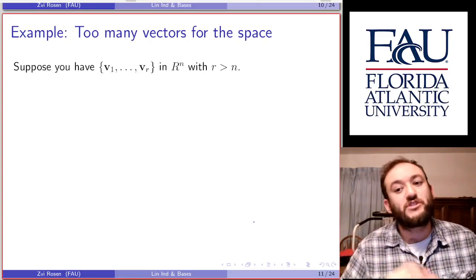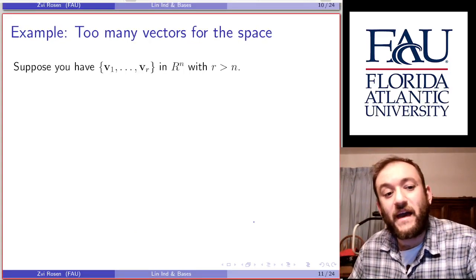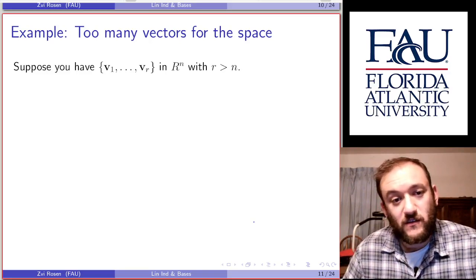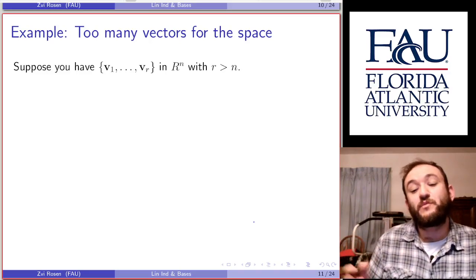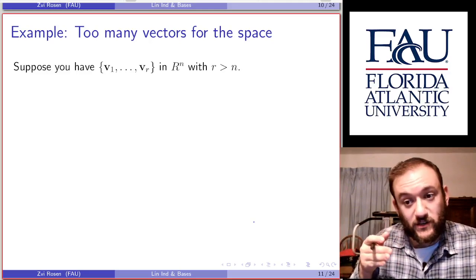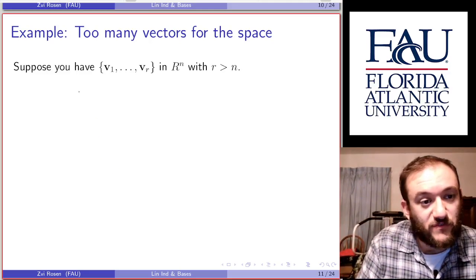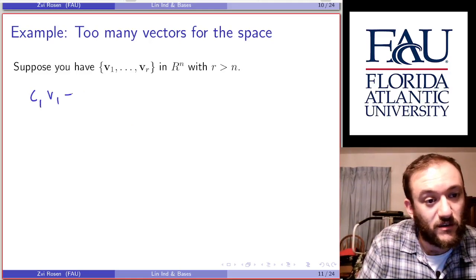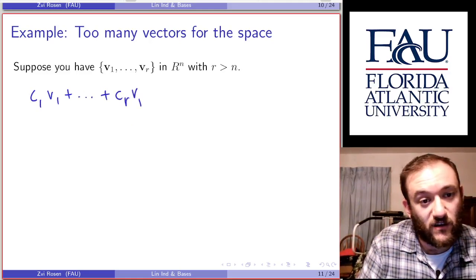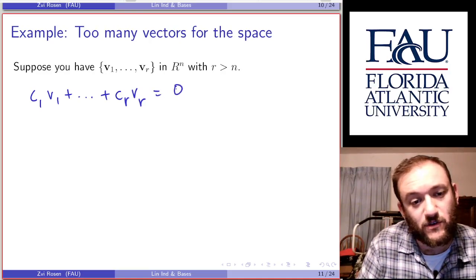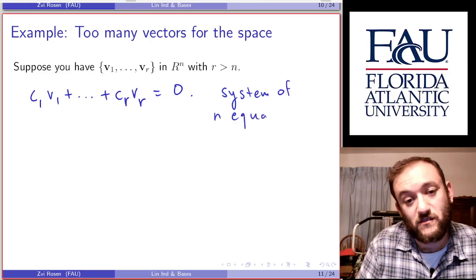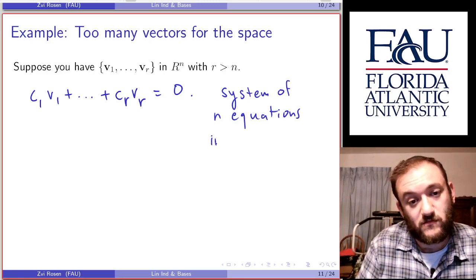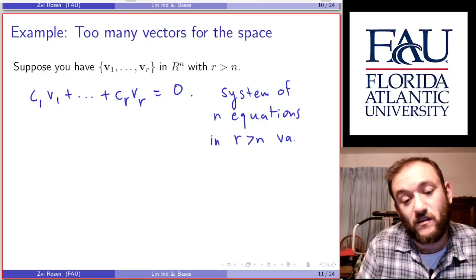Now taking a bit more of a general example, suppose you have v1 through vr, and you're in a space Rn. So you have n coordinates, but you have more vectors than the number of coordinates. Well, then we could use the following reasoning. When we take c1 v1 plus up to cr vr equal to 0, this is going to be a system of n equations in r greater than n variables.